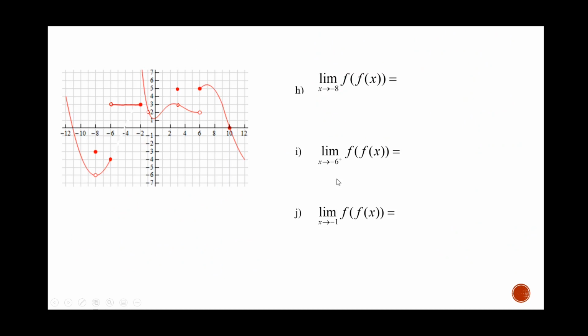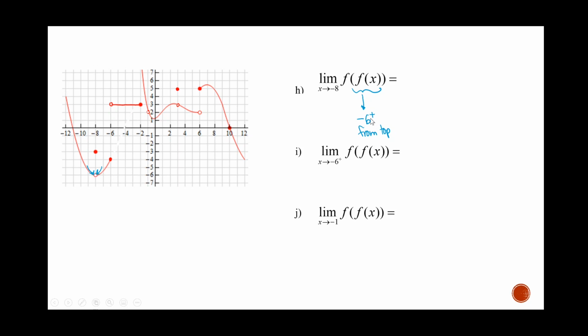Let's do a few more like it, except this time we're going to be composing a function with itself. Let's look at what happens with the inner function as x goes to -8. Over here, we're approaching the y value of -6, but notice how both of them are coming from the top.